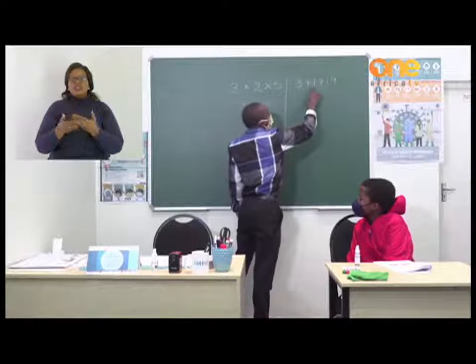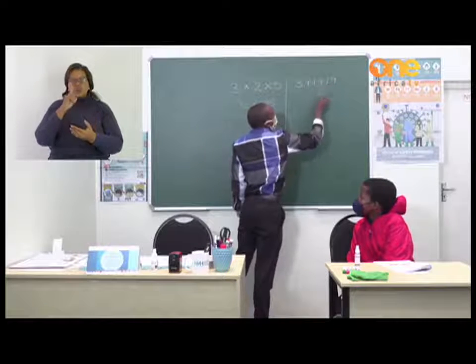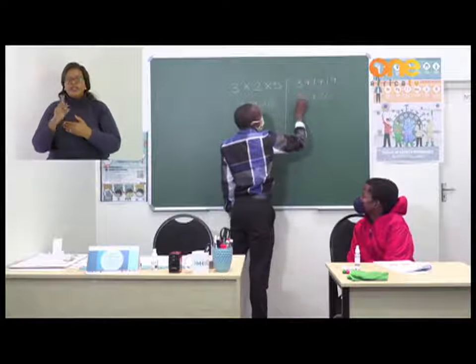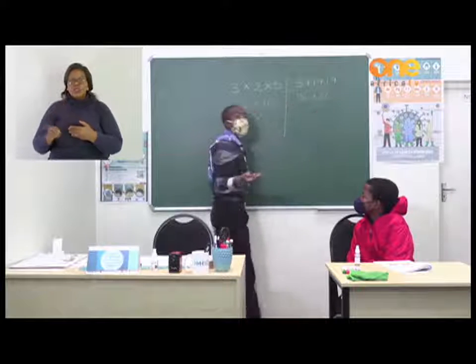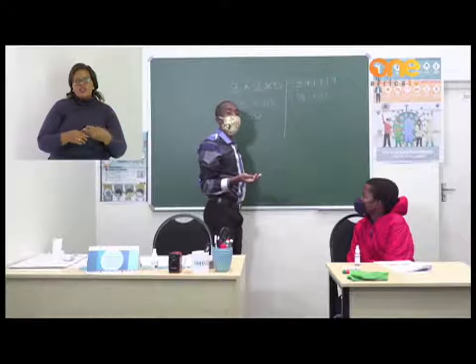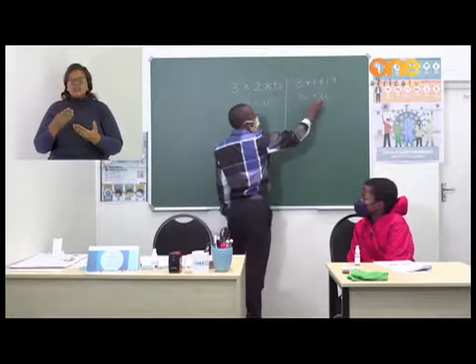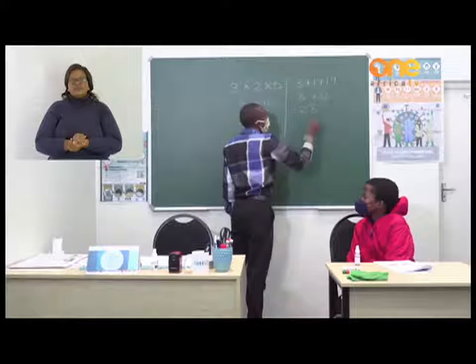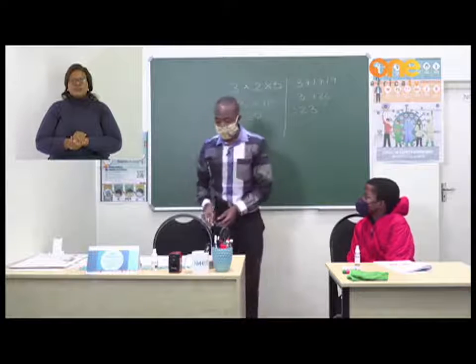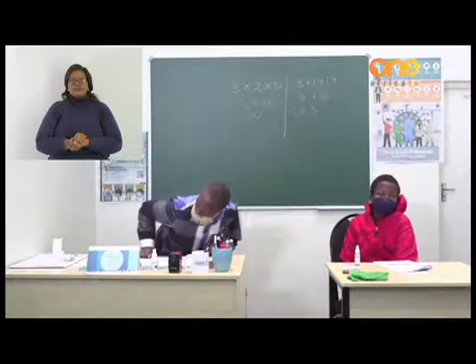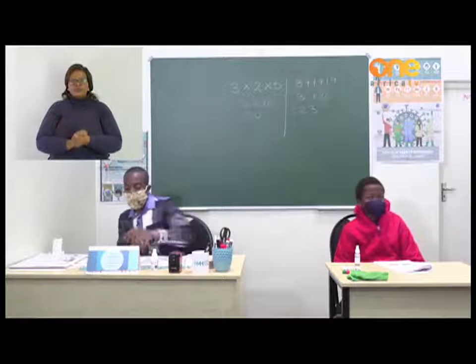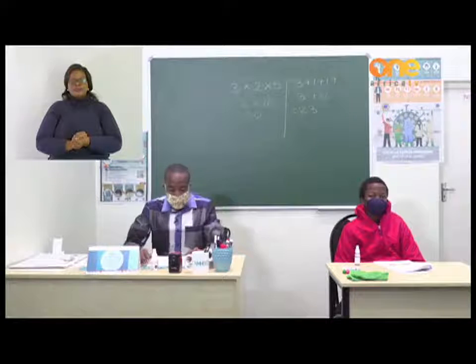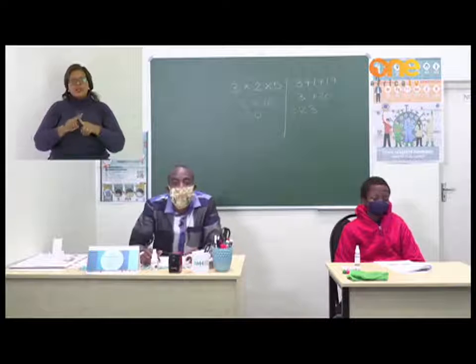I say 1 plus 19 will give me 20. I bring down the 3, and now you can see your calculation is made easy. So you just have to take 20 and then put 3 on top of 20, and then you have 23. All right. So, having said that, I want us to quickly do some activities.